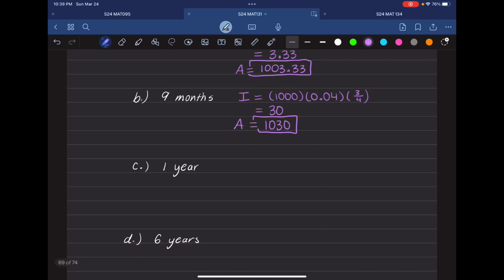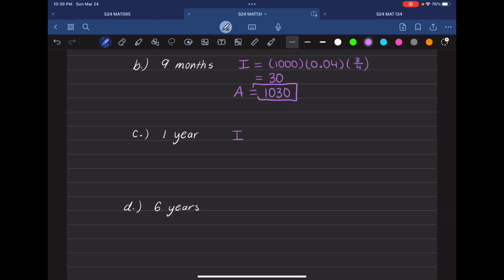And we just go through the same thing again. So we've got interest is equal to 1,000, 0.04. This time it's for 1 year, and we end up getting $40. So the amount that we have in the account is going to be 1,040, right?